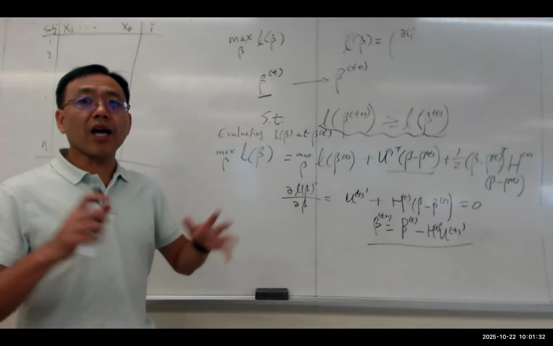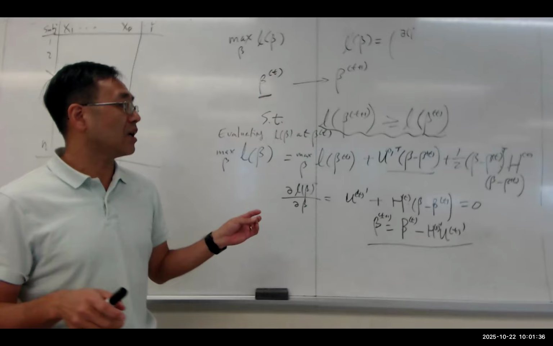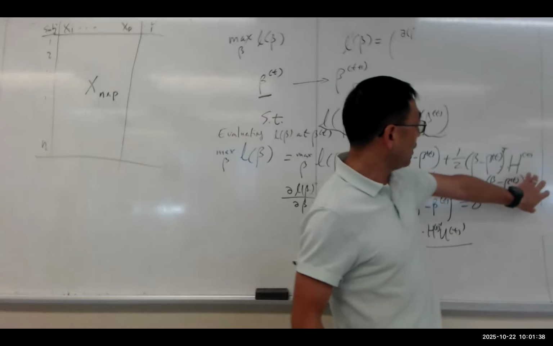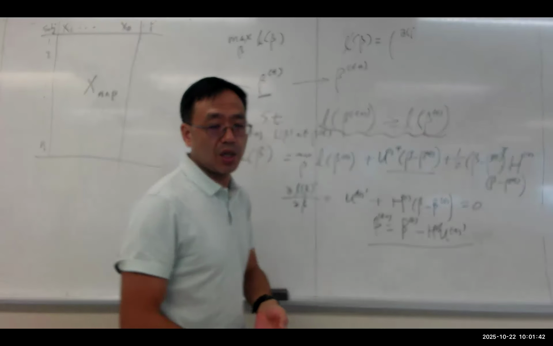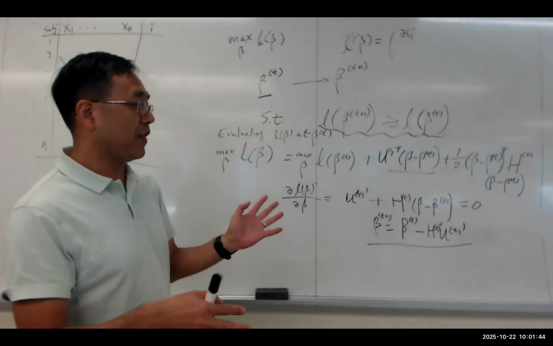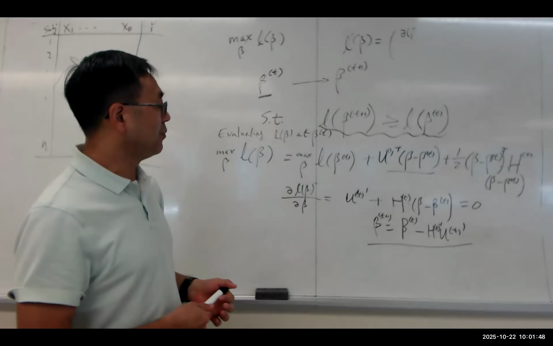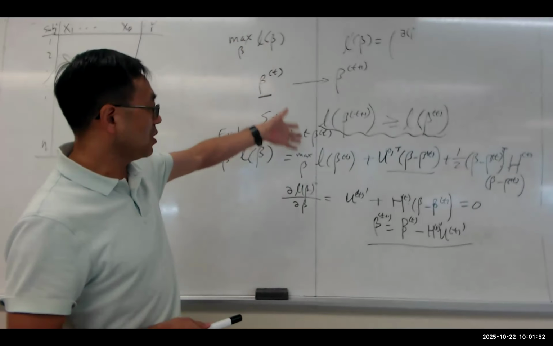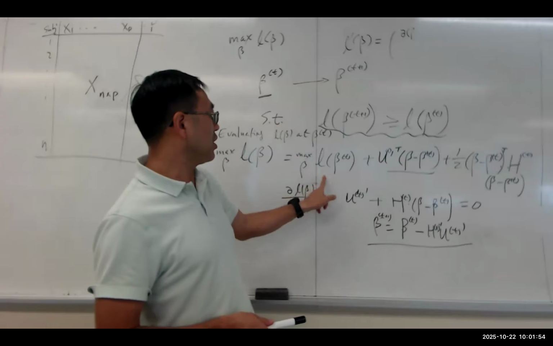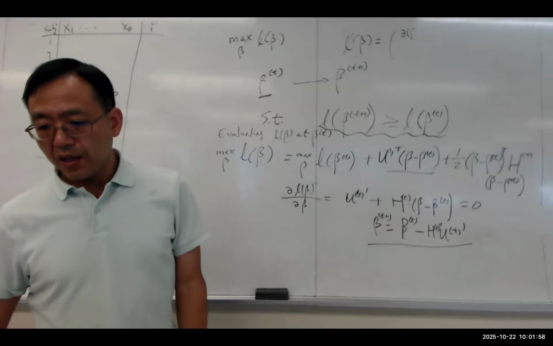Good. Again, I did a lot of hand waving here, because over here there's some remaining term that I didn't really take good care of. In the rigorous part we need to consider that, and there are some conditions we assume, like the first order and second order derivatives indeed exist, and so on.